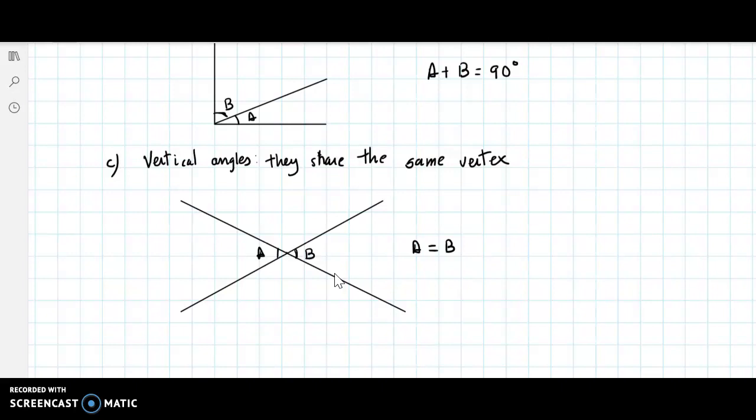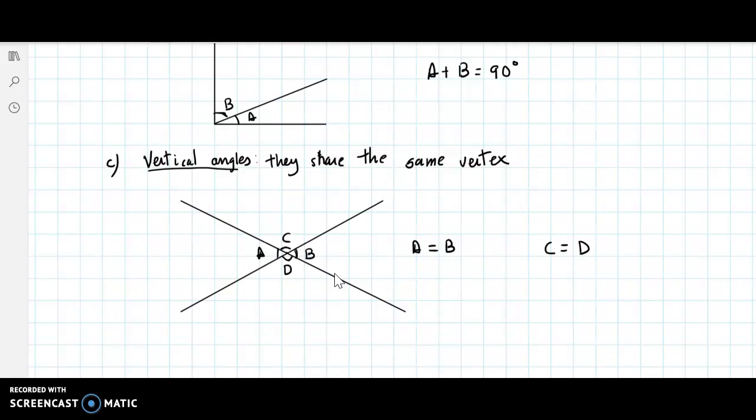Also, up and down, we have two more angles that we are going to call, for example, C and D. Well, C and D are also vertical angles, and C is equal to D, okay?